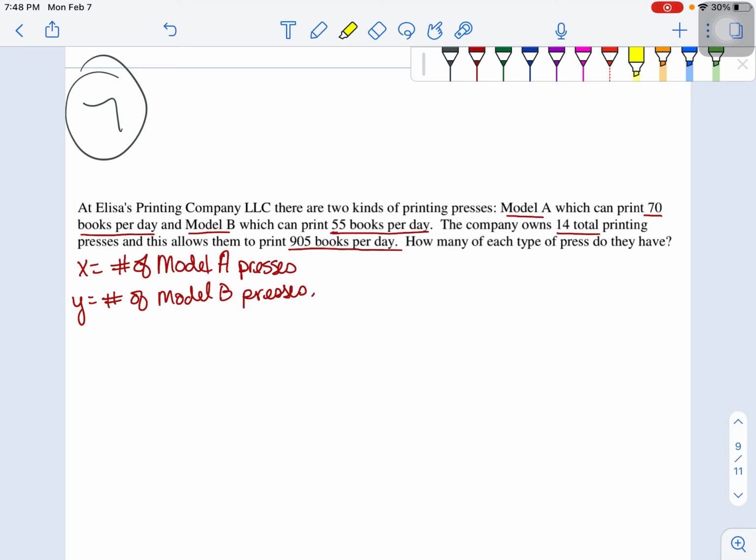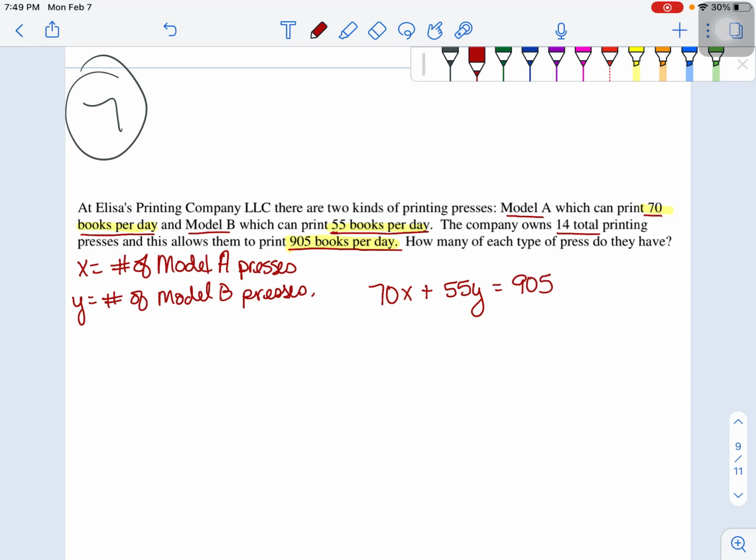Now, if you notice, 70 books per day, 55 books per day, 905 books per day, all of those have the same kind of suffix, that ending, books per day. So those are all one sentence. So it is 70x, because that was for Model A, plus 55y equals 905.